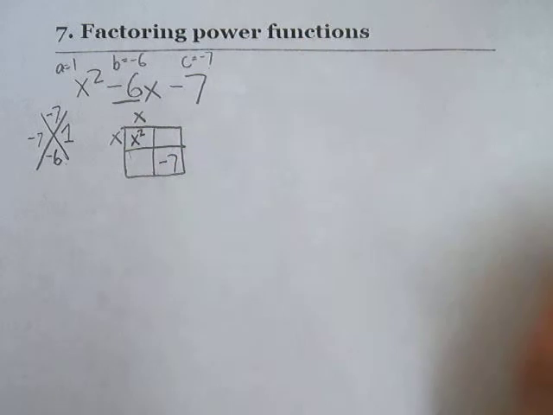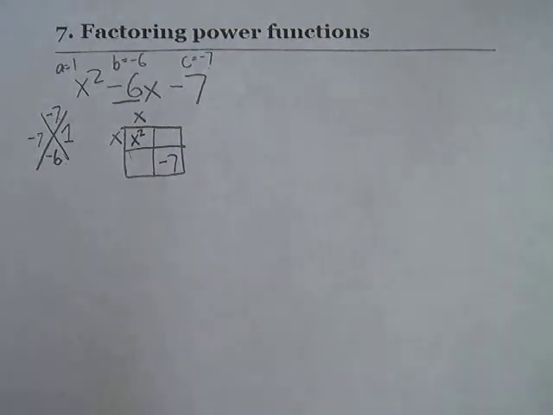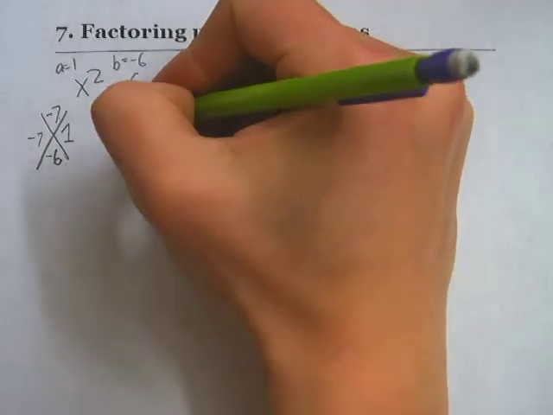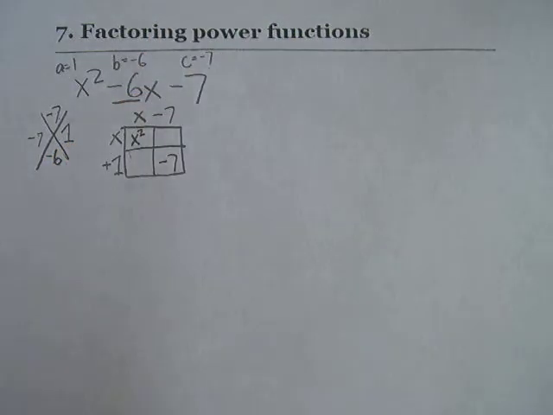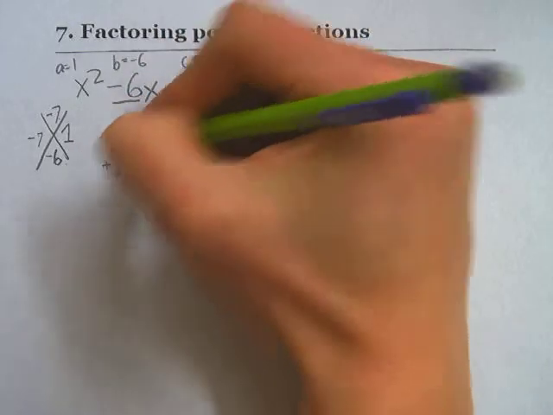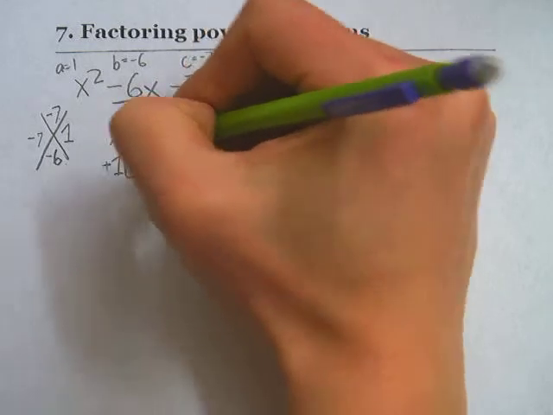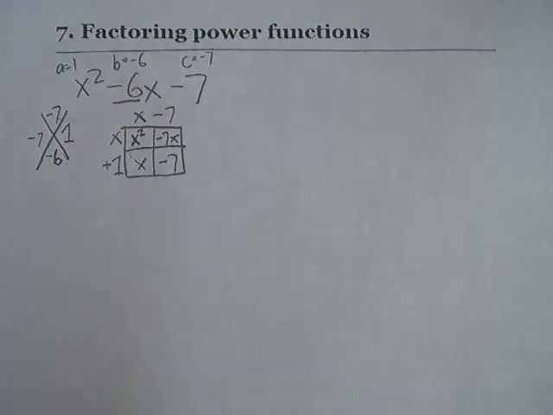And then there aren't that many combinations that multiply to 7, because 7's a prime number. So 1 and -7, or -1 and 7. I should just try one of those, so I'll try the right one. If I do this, I get x and I get -7x, and those add to -6x, and I've done it.